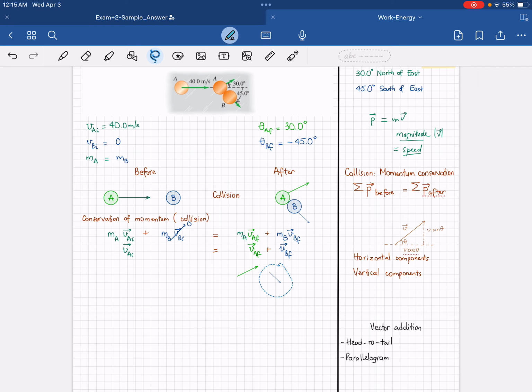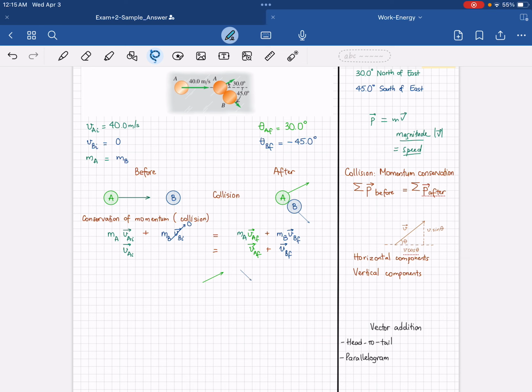Now we have two vectors. How can we add them together? We can follow the vector addition methods, either head to tail or the parallelogram. Let's try head to tail first. Bring this one here, and bring the tail of the second one to the head of the first one.